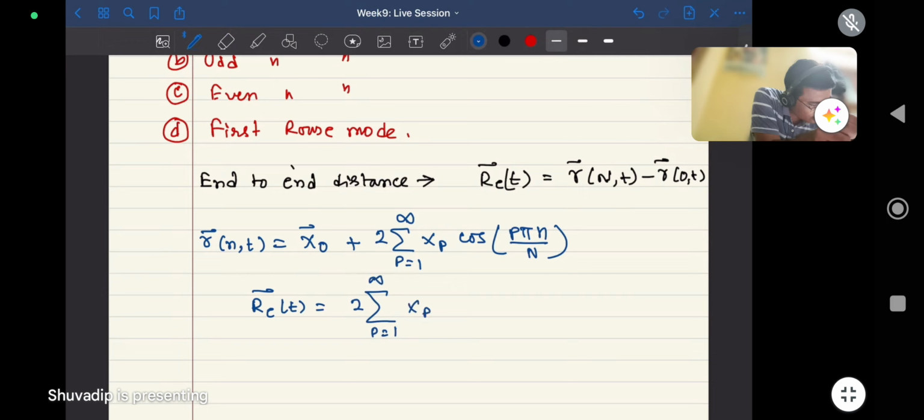Now if you put the cos here, that will give a minus sign, so it is cos of p pi, which will be minus because p is an integer.